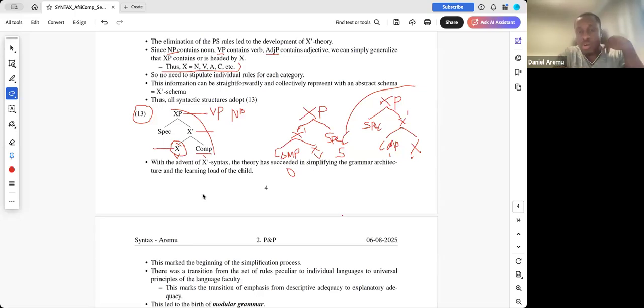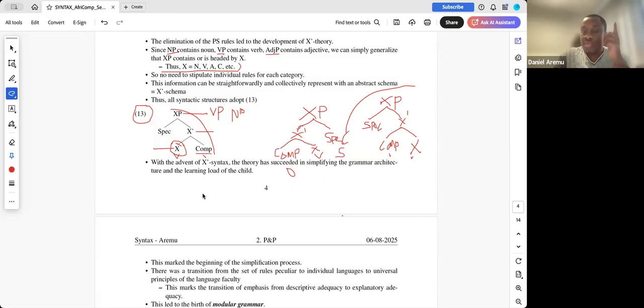So X bar theory and the principles and parameters theory is not discarding descriptive, because of course we are still describing. But in our description, there is more explanatory power. And what does that mean? It means that we are able to actually have principles that can explain the underlying properties that we find in languages, which the PS rule, or even the early PS rule under the early generative grammar, could not do.